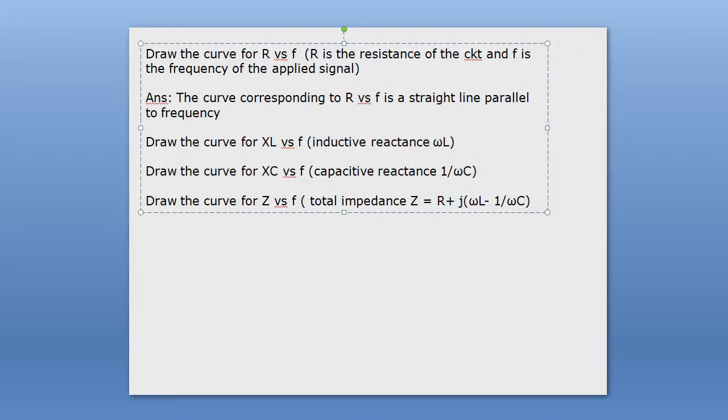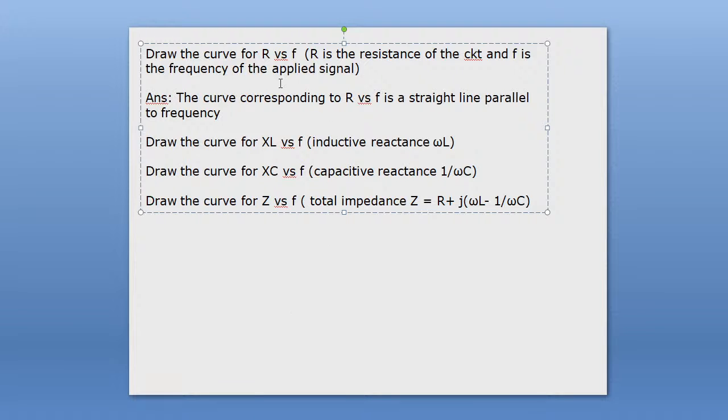Nivedita, your answer is correct. Saiba also correct. Right answer of this question. Other students, please write. Nivedita, Saiba, anyone else? Write your answer.